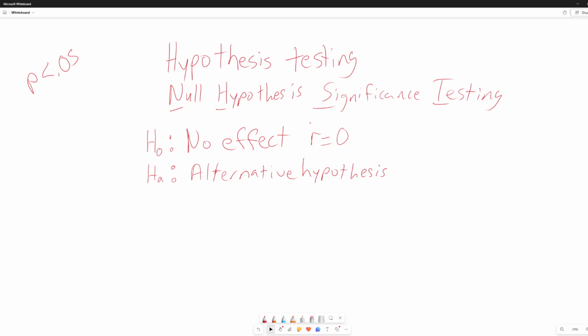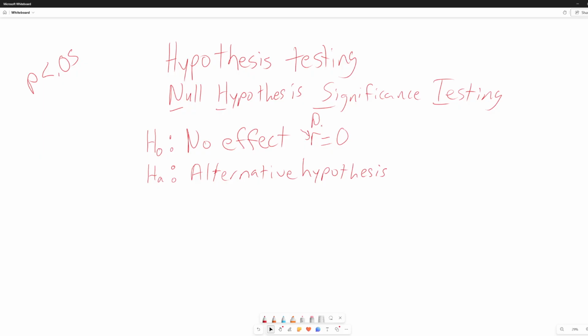And then to test hypotheses, we use a sample, because remember, we are using our sample to make generalizations about the population. Now, our sample uses the sample statistic r. Actually, the population parameter for r is the Greek letter rho. And so when we're writing out our hypotheses, we would write rho is equal to 0.